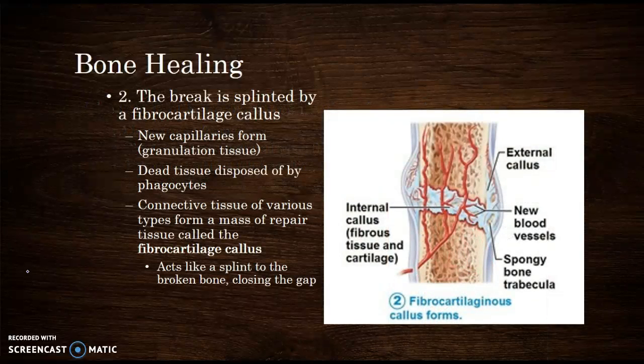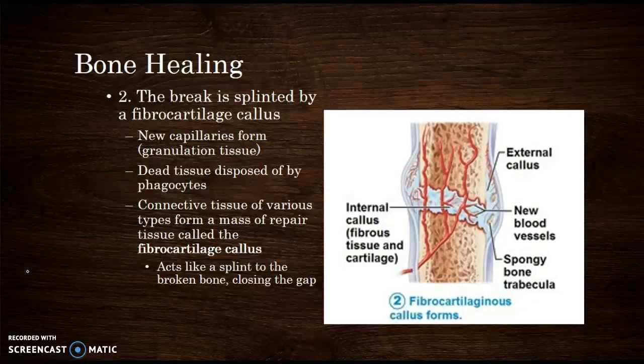So step two, the break is splinted by a fibrocartilage callus. So once the bone cells are now dead and you have your hematoma, we have to start reforming the tissue. So you have white blood cells called phagocytes that come in and basically take up the old tissue to dispose of it. You're starting to form new capillaries called granulation tissue.